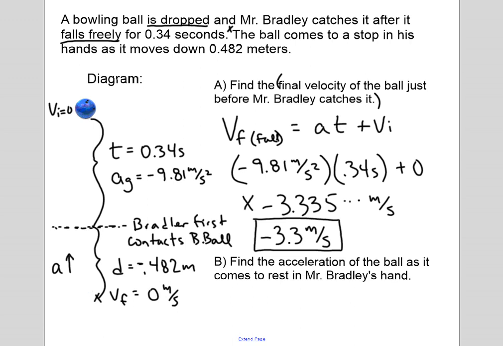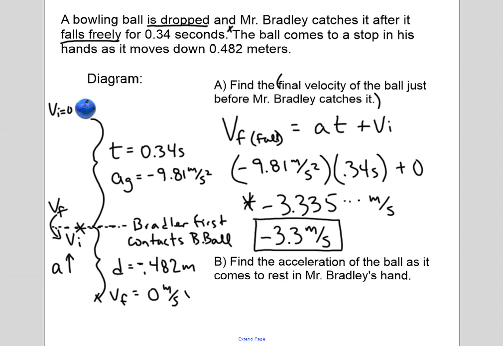This important calculation that found us negative 3.335 meters per second is the speed right here. That's Vf for the fall, but that is the same moment as Vi for the stopping problem that follows. So now we've got Vi for the stop, negative 3.335 meters per second.